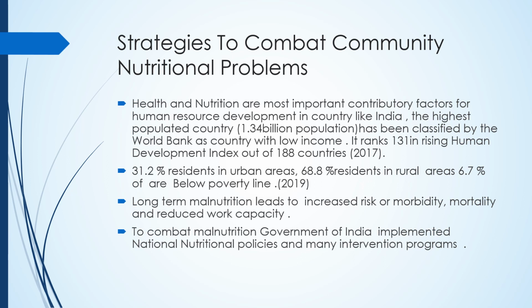So 31.2% reside in the urban areas, 68.8% reside in the rural areas, and 6.7% are living below the poverty line.